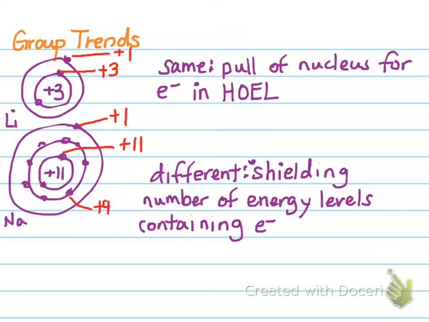Right, so we have shielding, we have a difference in the number of energy levels containing electrons. So how does this affect, right? Because what we want to talk about here is ionization energy, okay? Pulling an electron off of these atoms.